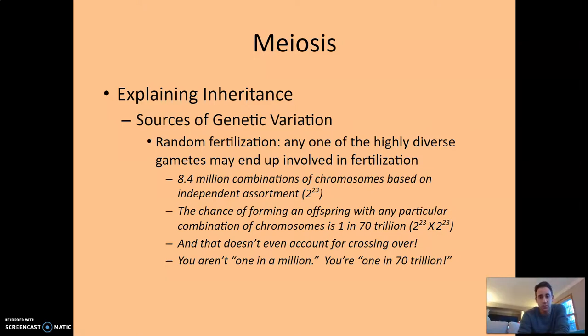So, one individual can make 8.4 million combinations of chromosomes based on that. The chance of forming an offspring with any particular combination of chromosomes is going to be this from the mom times this from the dad. That's 1 in 70 trillion.